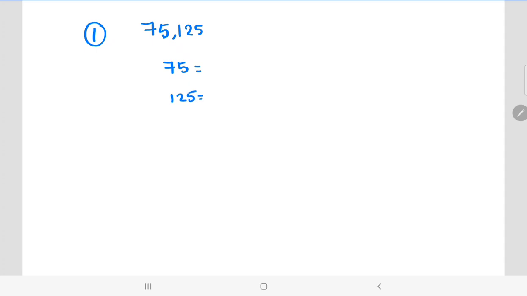So if I just see, I can write 75 as 3 into 5 into 5. And I can write 125 as 5 into 5 into 5. So if I just see the common factors over here, the common factors are 5 and 5.